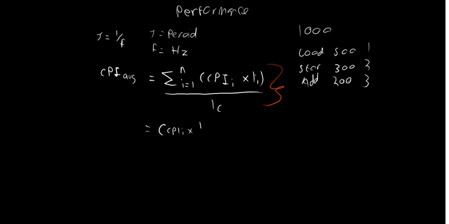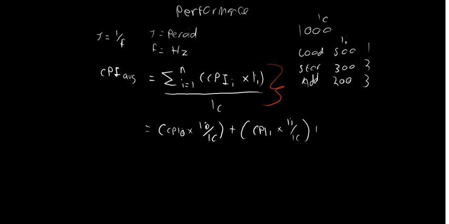So now we're getting the instruction count for this one. This is our instruction i, and this is our instruction count for the entire program. So we're getting the instruction count for that specific instruction times its CPI over the instruction count for the entire thing, right? Then we're adding them. So I'm going to say CPI 1 times instruction count 1 over the total instruction count, plus our next CPI term, all the way up to n.